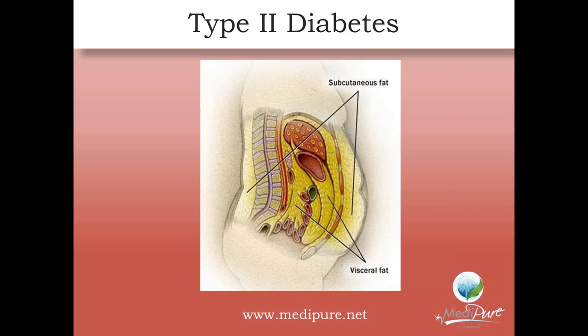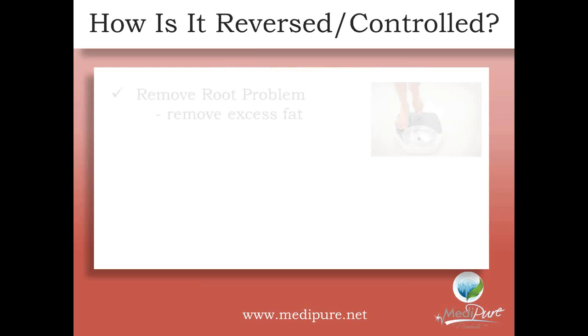Now the pancreas, of course, is responsible for creating and regulating the insulin that the body needs, and diabetes occurs when there's an insufficient amount of insulin produced, or the insulin produced isn't effective. So once again, this excess fat damages the pancreas, and that of course can lead to type 2 diabetes.